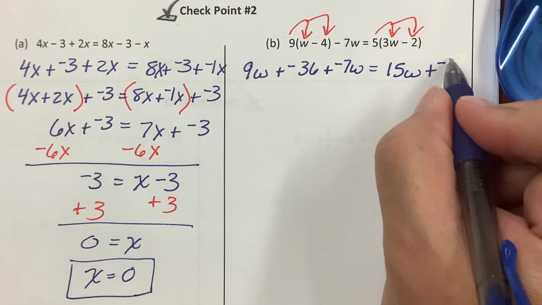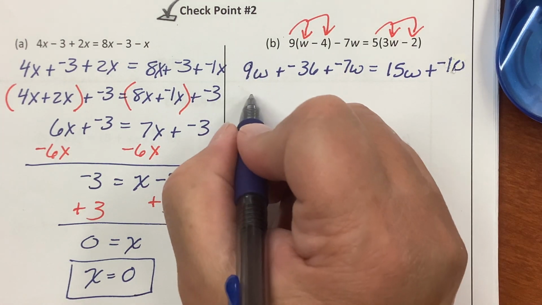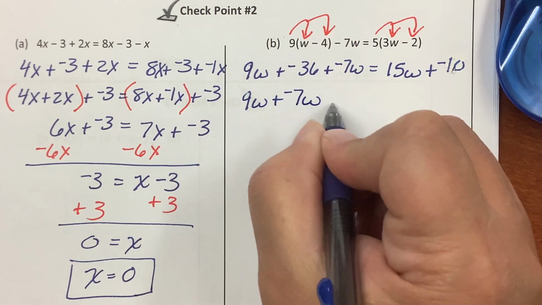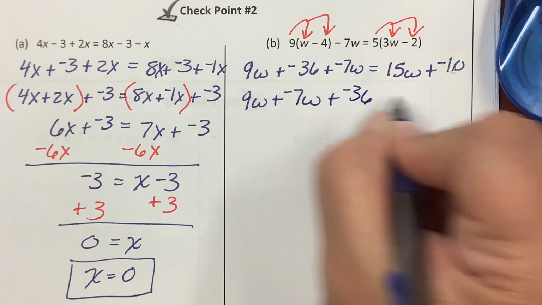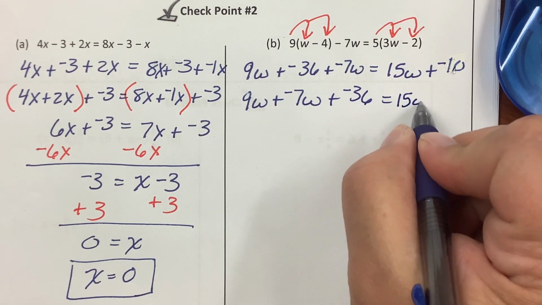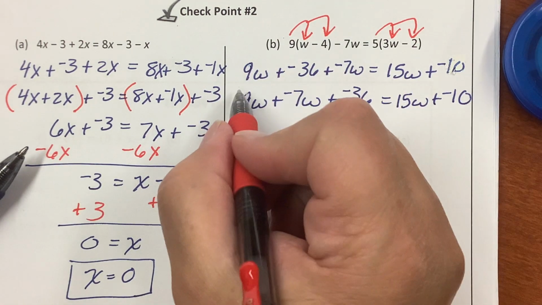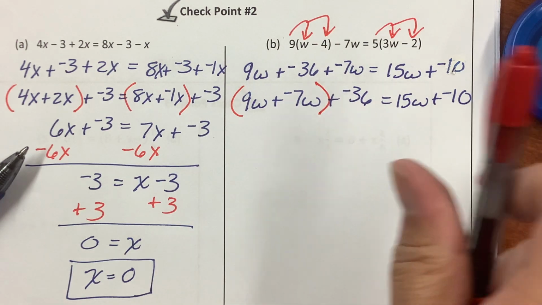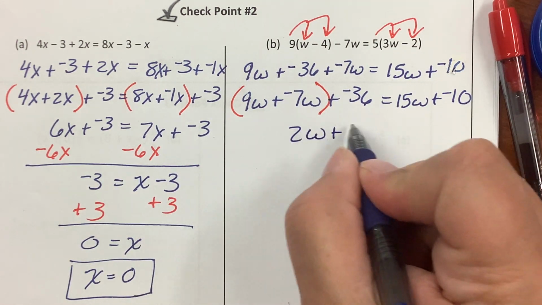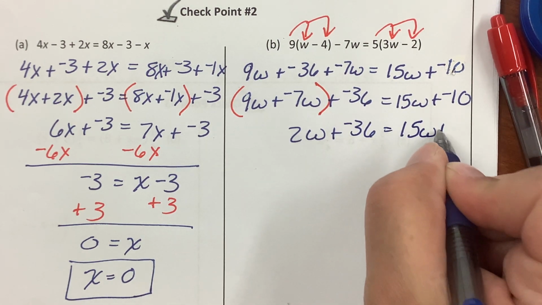And negative 10. Okay. I'm moving things around to combine my like terms. 9W plus negative 7W plus negative 36 equals, and I don't have to move anything here, 15W plus negative 10. Okay, combine like terms. 9W plus negative 7W, 2W plus negative 36 equals 15W plus negative 10.